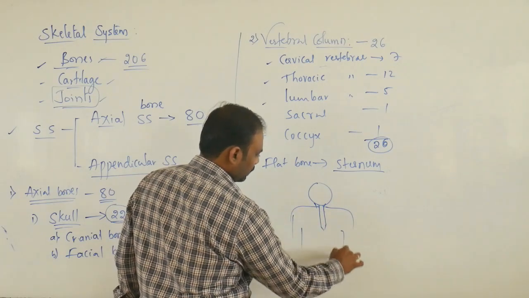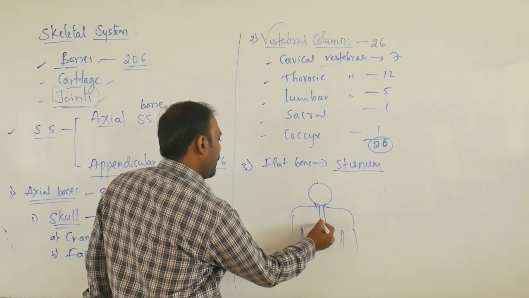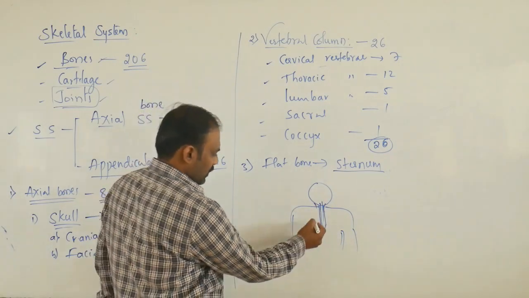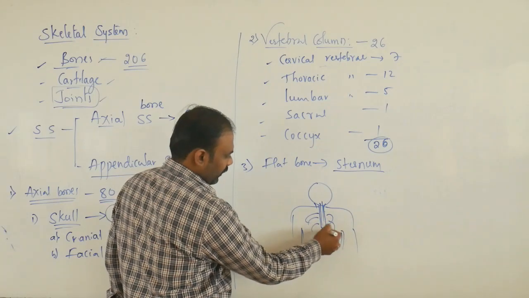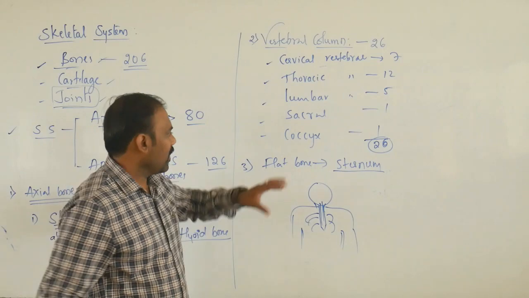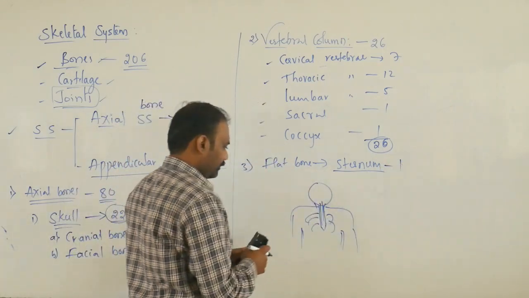Imagine. Yes. So here we will be having esophagus, then ribs, whatever, and particularly at this location, we will be having one flat bone called sternum. It is only one.